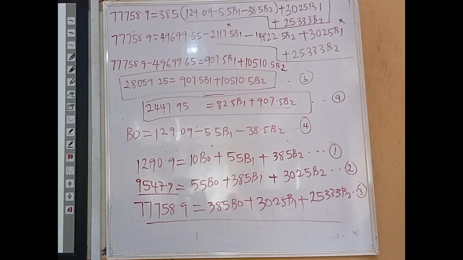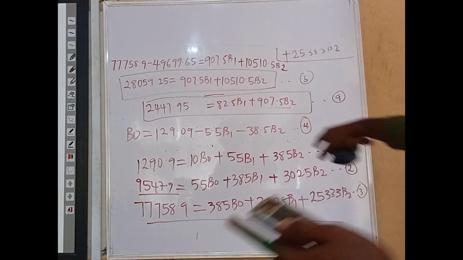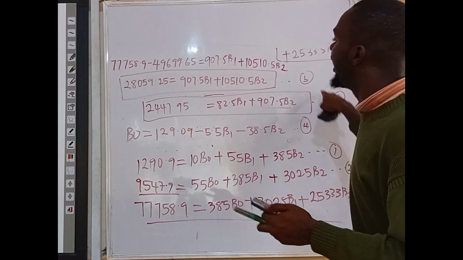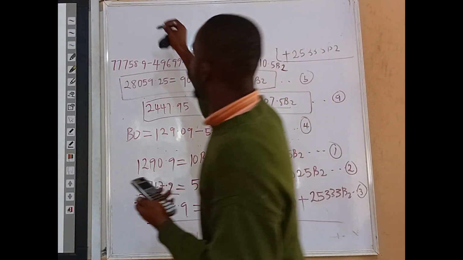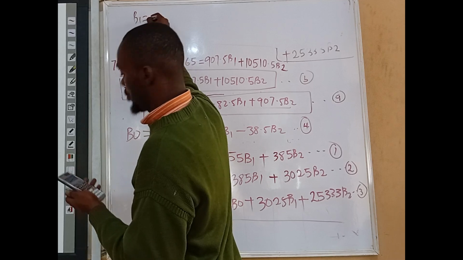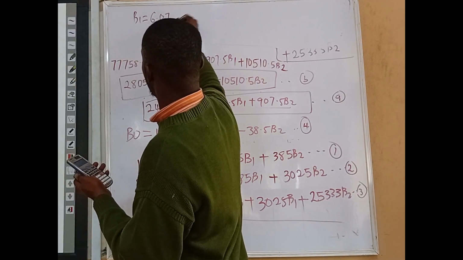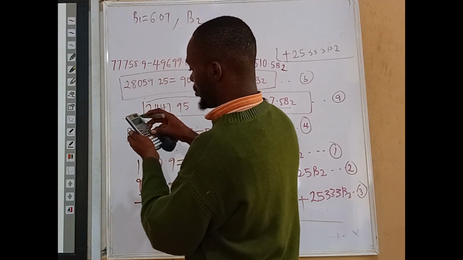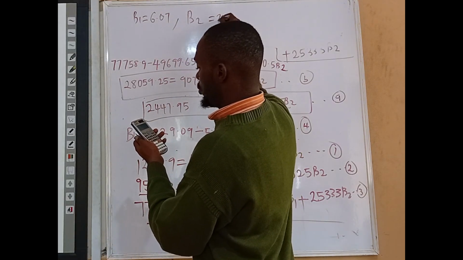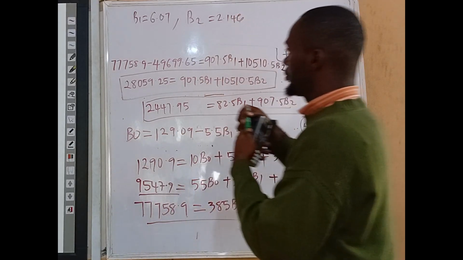So solving A and B simultaneously. If you solve equations A and B simultaneously, B1 is equal to 6.07 and B2 is equal to 2.146.